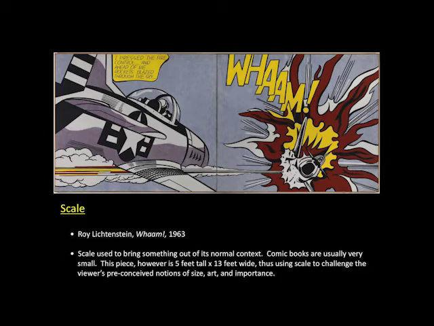To give you an idea of how taking this one or two panels from a comic and blowing it up, it is 5 feet tall and 13 feet wide. So when you go into a room with this thing, it is basically the entire wall. It's as big as you are. And so all of a sudden, this comic book, this insignificant panel from this comic book, has been made massive. It would be if you walked into a room and there was a sneaker the size of a boat. It would be weird.